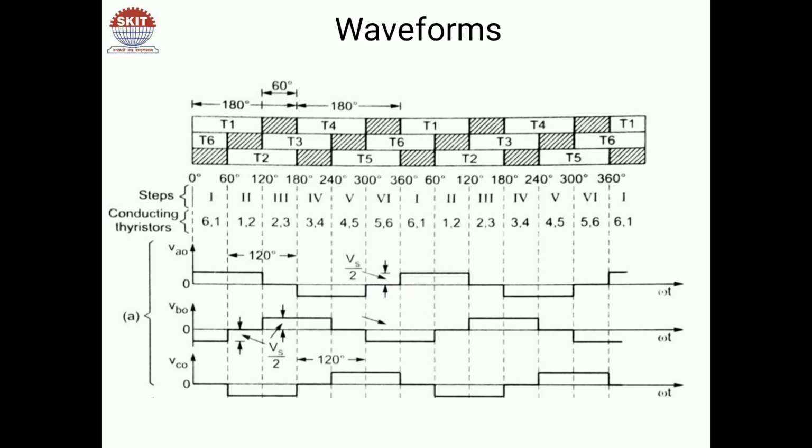Voltage VB naught will be 0 from 240 to 300 degree, and minus Vs by 2 for 300 to 360 degree.